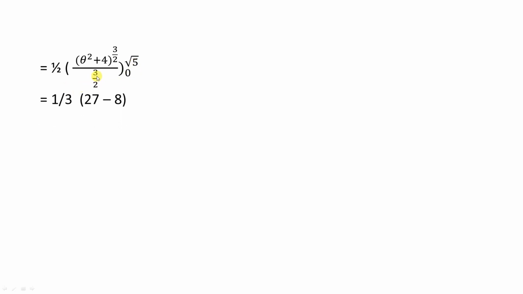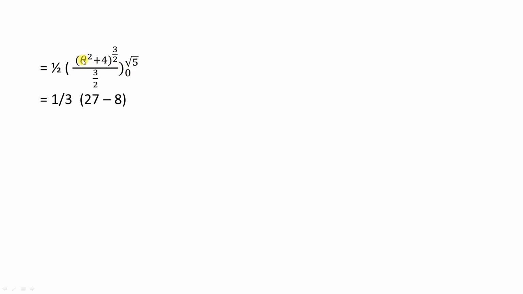This simplifies, the 2 goes off, to 1 by 3 into, putting the limits for theta: square root of 5 squared, 5 plus 4 is 9, the square root of 9 is 3, and 3 cubed is 27, minus the lower limit.